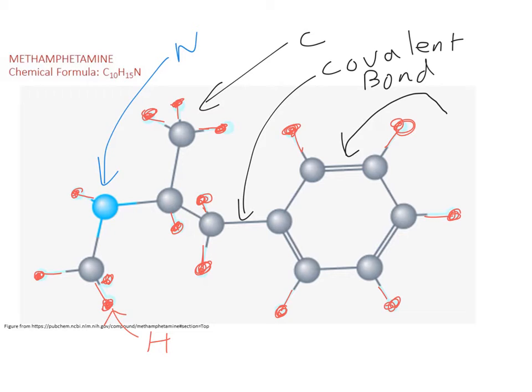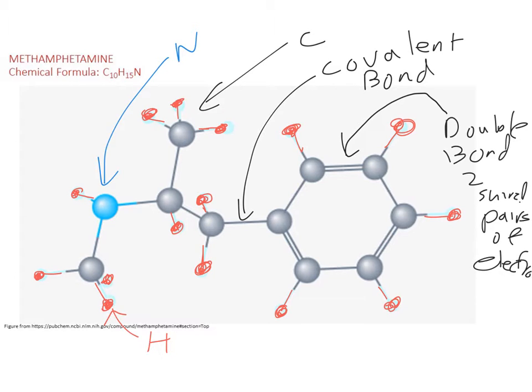That's because those two carbons are joined by a double bond, or 2 shared pairs of electrons. I'm not sure if you can read my chicken scratch there, but there's your molecule.